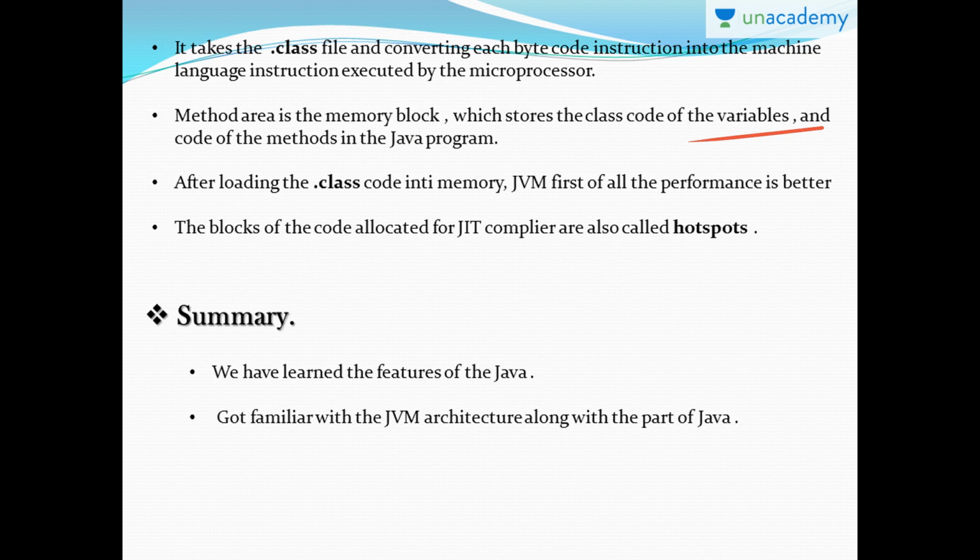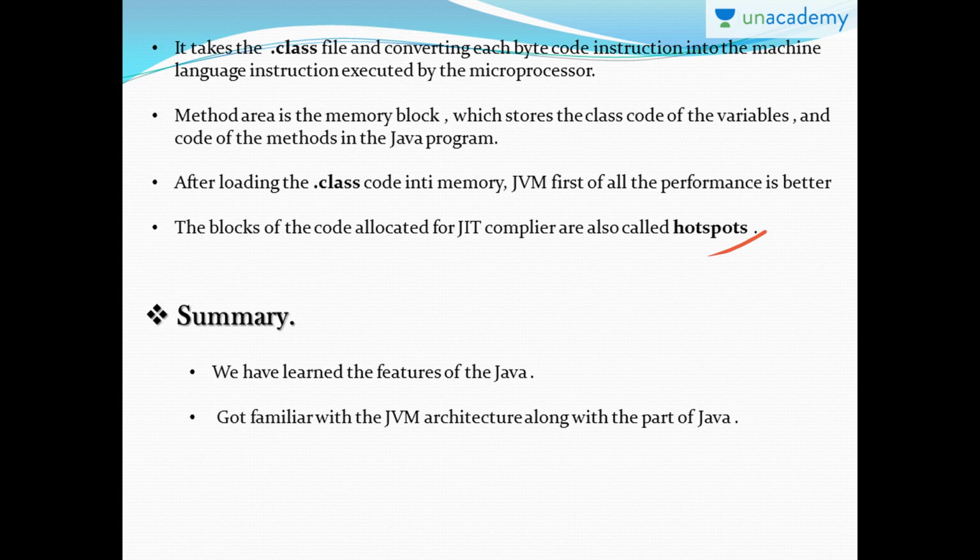After loading this class code into memory, JVM prepares a better place for executing the program, and then the block of code is allocated to the JIT compiler, otherwise called hotspots, which helps in executing the program just in time, as quickly as possible.